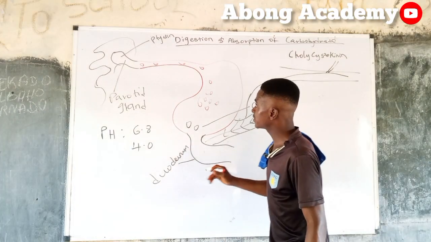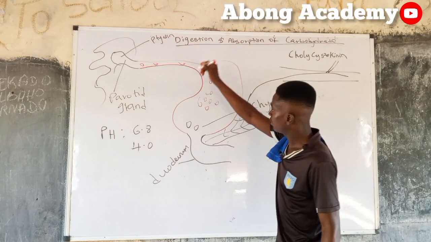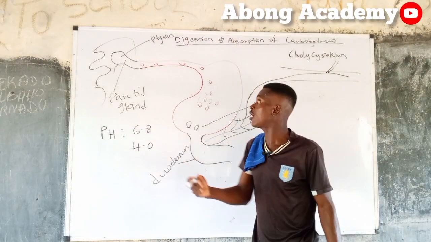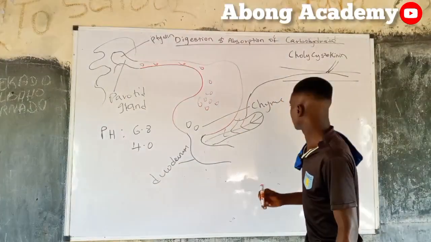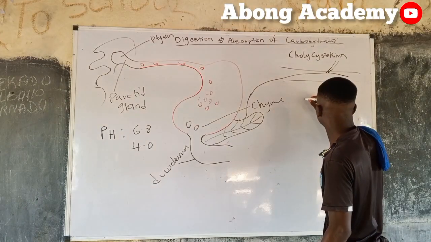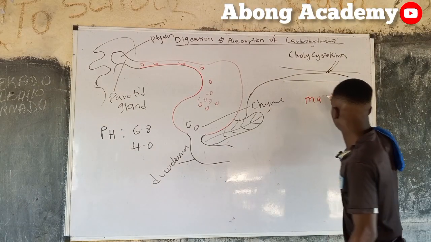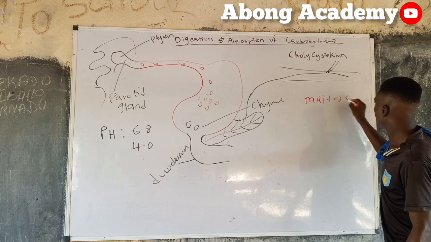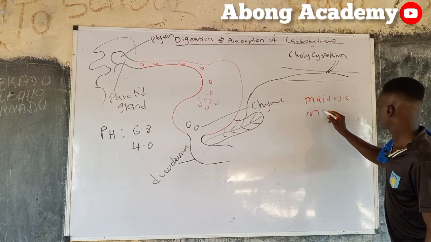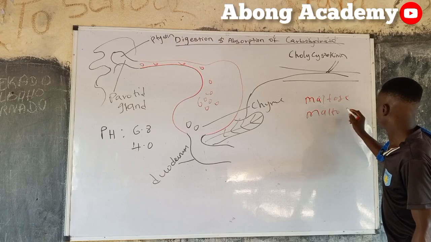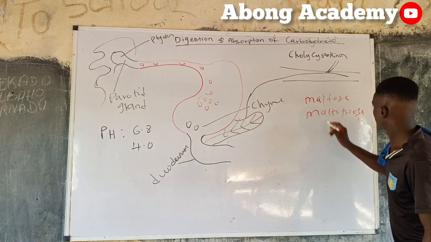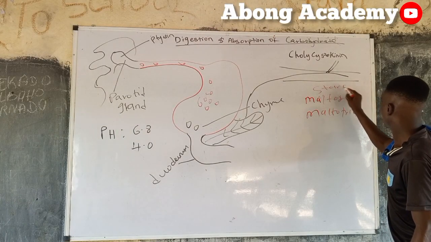This pancreatic amylase works in the same manner as the salivary amylase, but has more catalytic power than the salivary amylase. Now, this pancreatic amylase hydrolyzes maltose, maltotriose, and also starch.